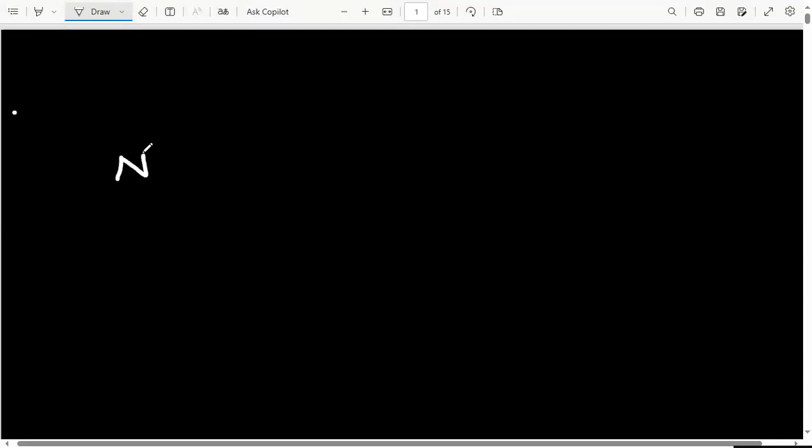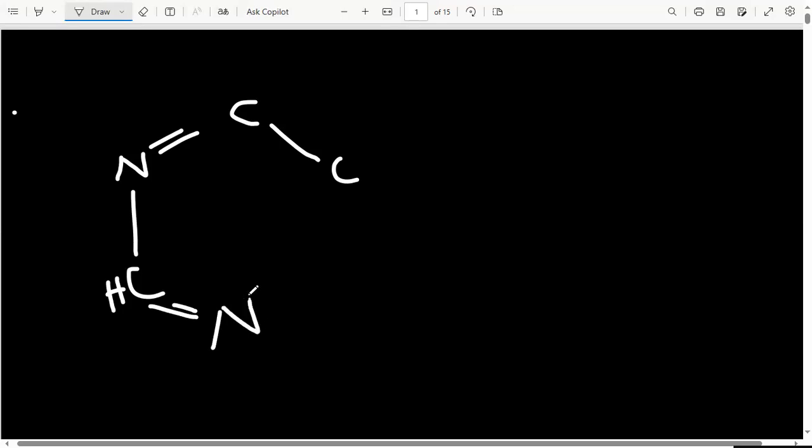I can have an N there, double bonded to a carbon, which is single bonded to another carbon here, and then it comes down like that. Here is a carbon bonded to an H, double bonded to a nitrogen. These nitrogens have specific places where they should be put, so I will number it later on.